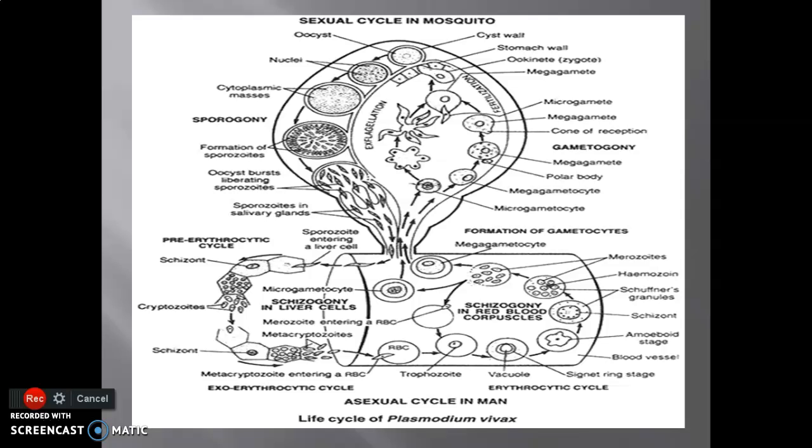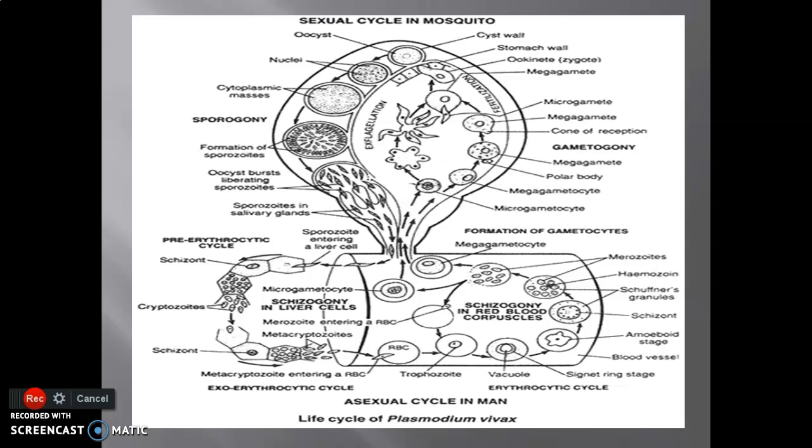called as amoeboid stage. This amoeboid stage changes to a rounded to oval structure, and this schizont is responsible for the formation of merozoite, and these merozoites give rise to gametocytes of two shapes.